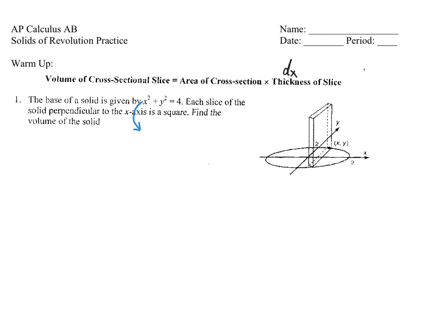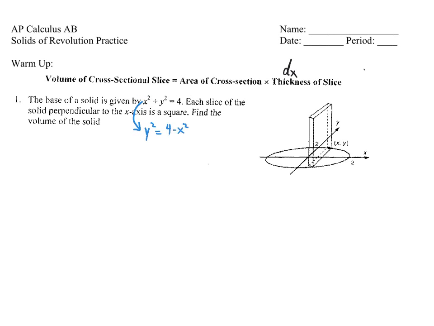So what we need to do really here, since that's a circle, is define an f of x and a g of x, so to speak, for our upper and lower functions that define that circle. So I'm going to rewrite this as y squared equals 4 minus x squared.